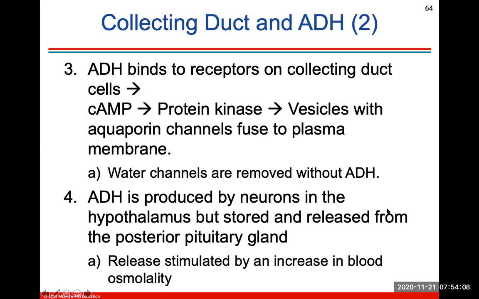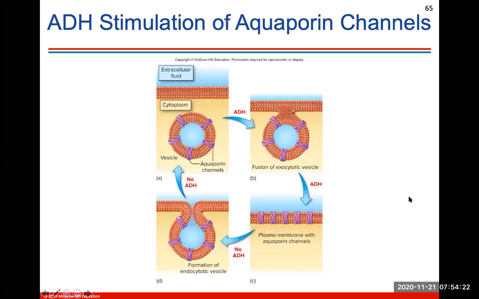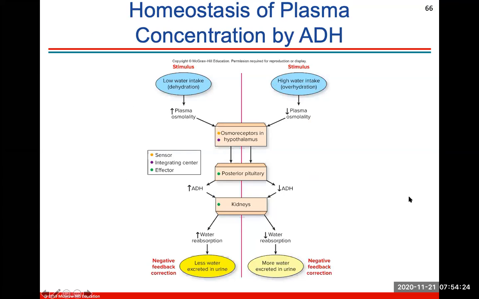So antidiuretic hormone will be produced by the neurons in your hypothalamus, but stored in the pituitary gland, and it will be released. It's stimulated by an increase in blood osmolarity. So antidiuretic hormone works by negative feedback. A stimulus will be low water intake or dehydration, so that'll increase the plasma osmolarity.